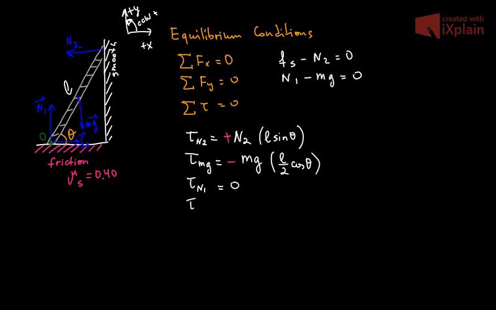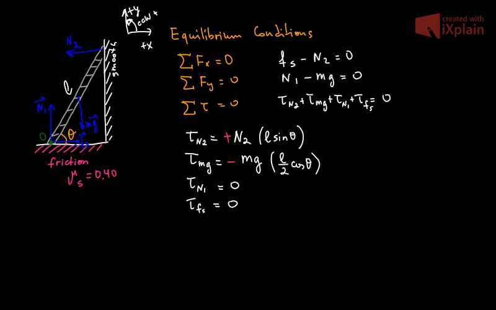The torque by the friction force is also 0 because the lever arm is 0. Now we add them all together as the sum of the torques: torque of N2 plus torque of mg plus torque of N1 plus torque of friction equals 0.